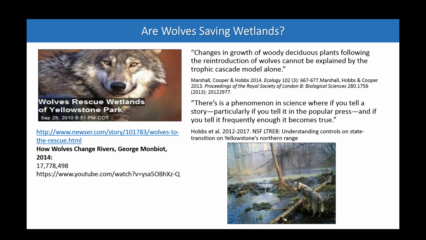They're finding that changes in the growth of woody species like willows in riparian areas and in wetlands can't be explained by wolves alone. For example, the growing season in Yellowstone between 1990 and today has increased by 30% because of climate change. So there are 30% more frost-free days, and willows can only really grow during that frost-free period.